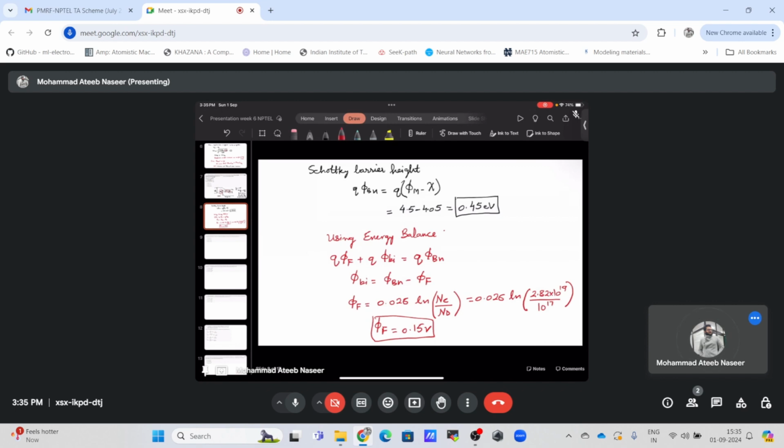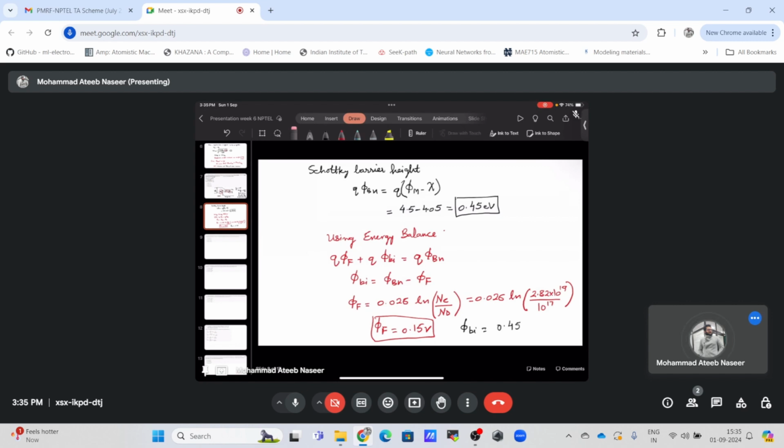So we have found this value of phi f, and now from this phi f, phi bi is simply equal to 0.45 minus 0.15. The electron volt and volt units cancel out.